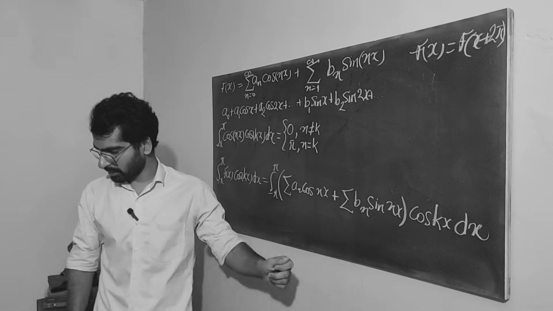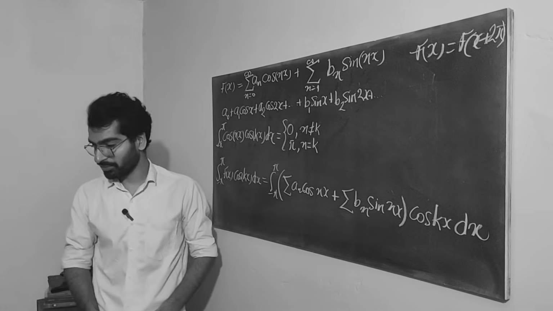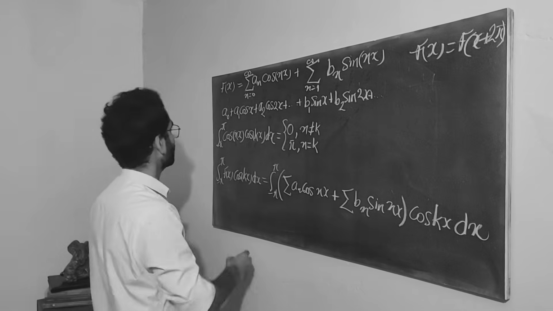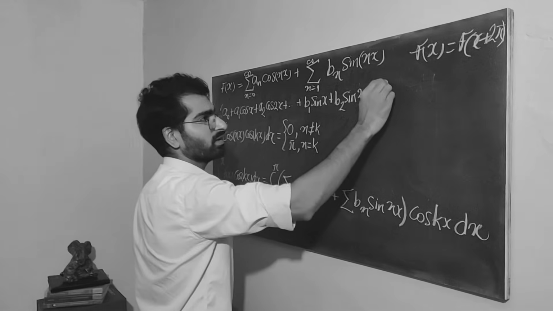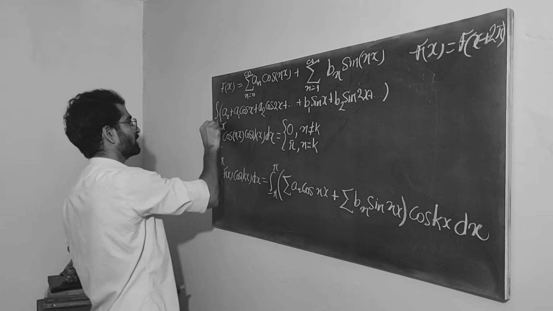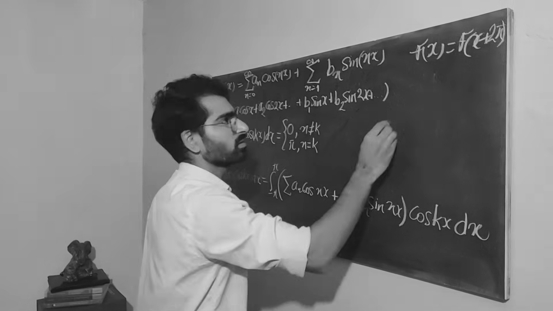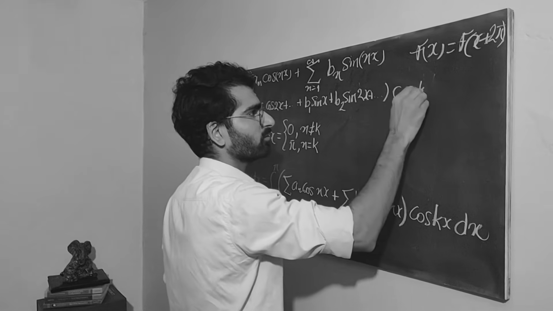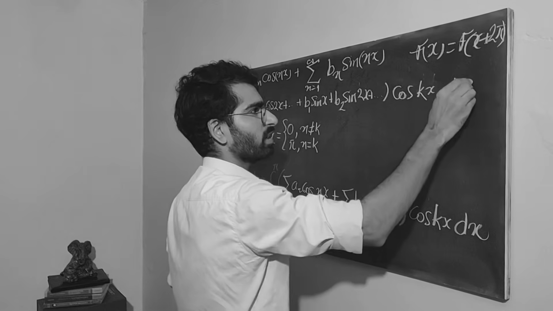And this is the idea. That's the big idea. This is going to help us. So it's like integrating this from minus pi to pi times cosine of kx dx.